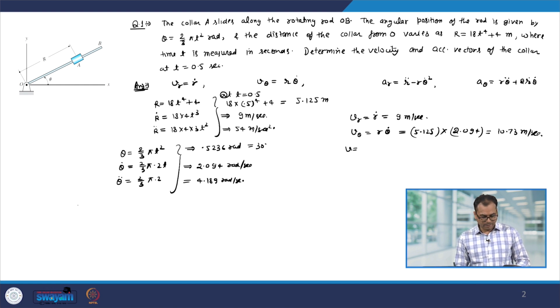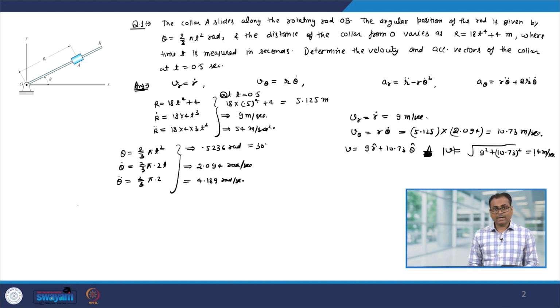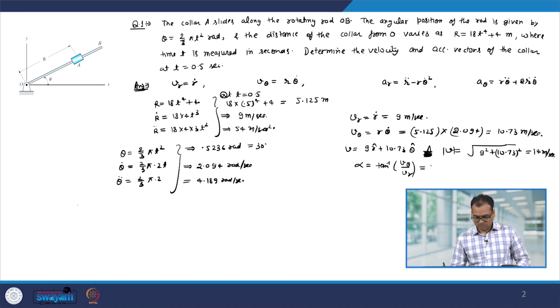Therefore, V can be written as 9 r cap plus 10.73 theta cap, and its magnitude will be square root 9 square plus 10.73 square, which comes out to be 14 meter per second. Let us look at the angle between V theta and Vr, so that you can find out alpha equal to tan inverse V theta over Vr. So that comes out to be 50 degree.